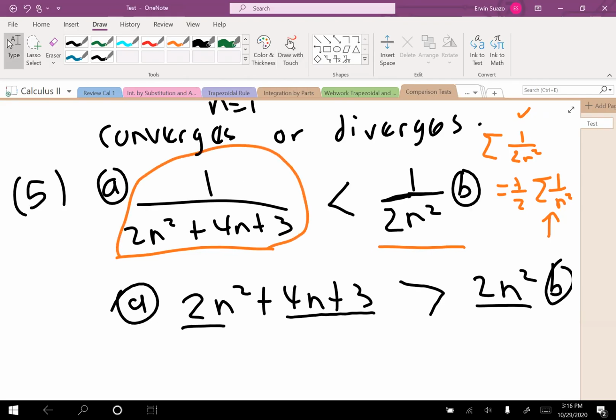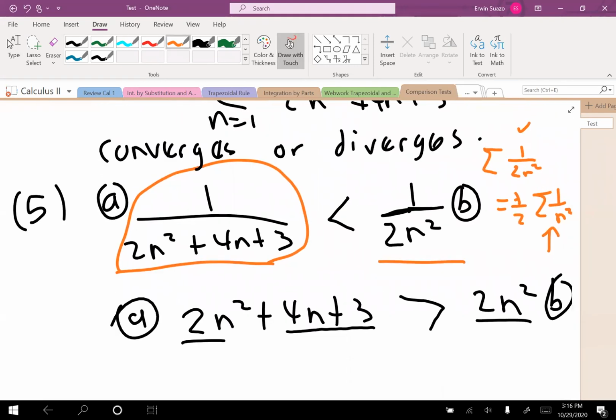So this guy is going to be convergent. So because this one is convergent, we can write it like this.